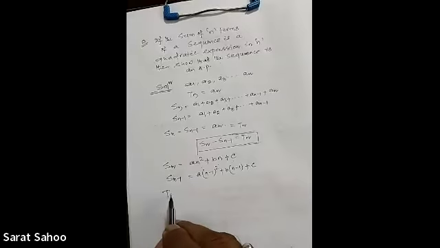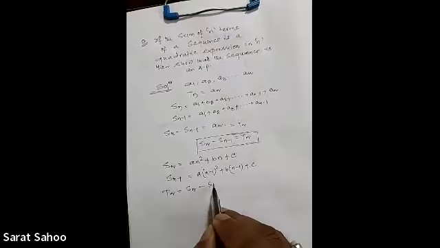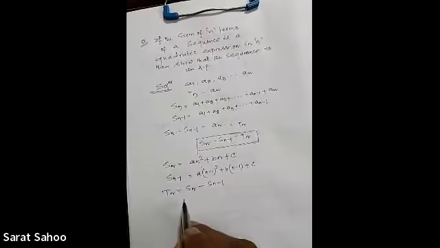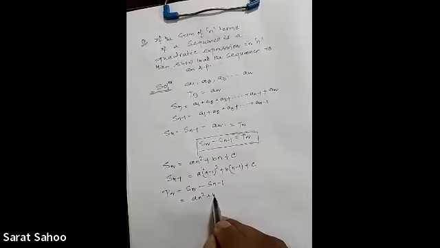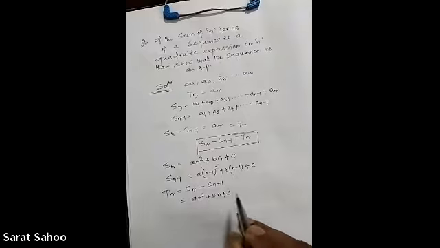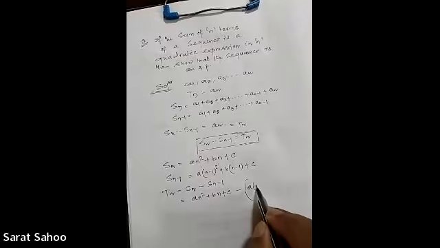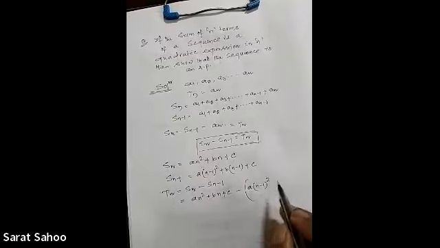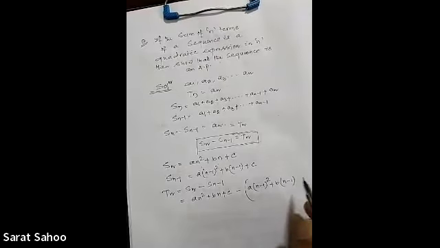So Tn is equal to Sn minus Sn minus 1, which is equal to an square plus bn plus c minus of a into n minus 1 square plus b into n minus 1 plus c.